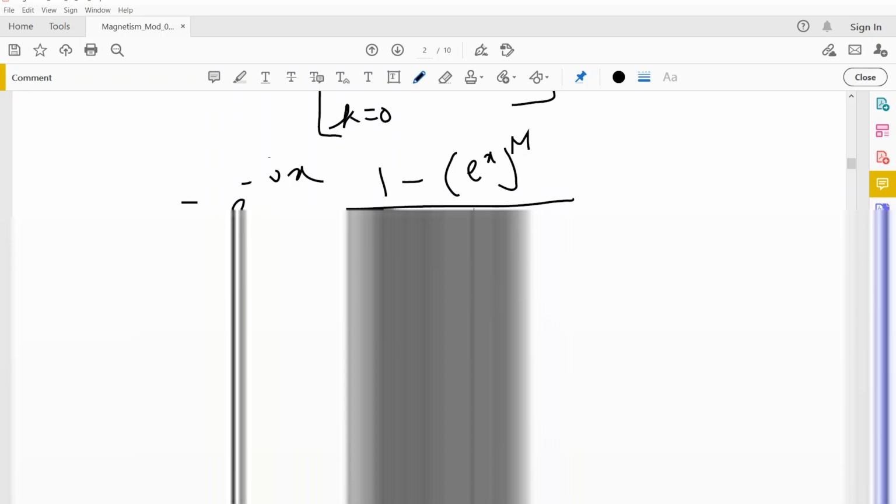Let me do that here. So we have M equal to n g mu B, and then we have 1 by Z dZ by dB, and then dB by dx.